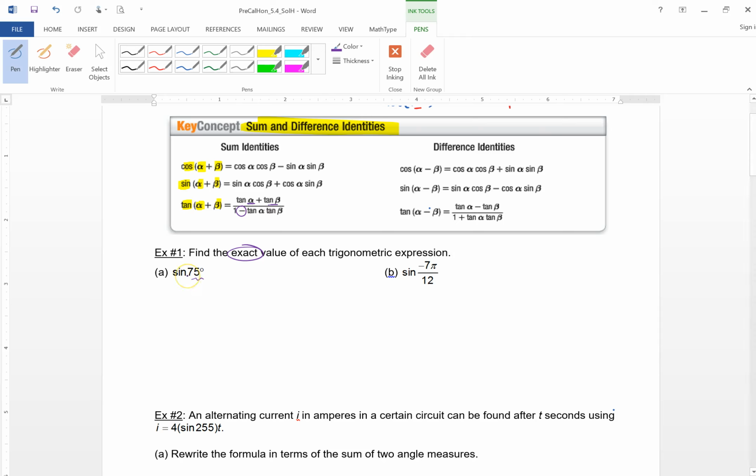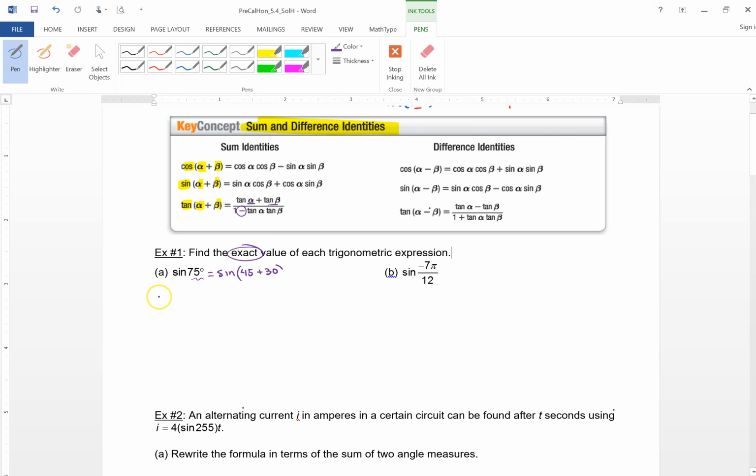Okay, so the 75 is not one of our special angles, but we can write it as a combination of two special angles. This will be sine of 45 plus 30. Okay, now, when you do that, then it follows this identity with sine alpha plus beta.